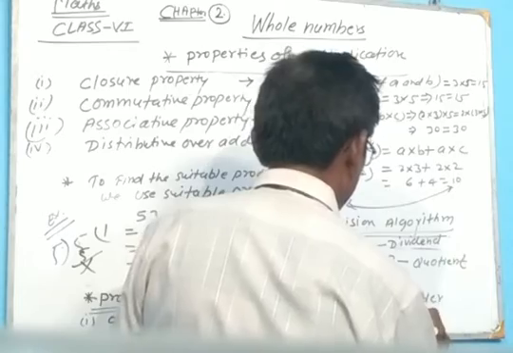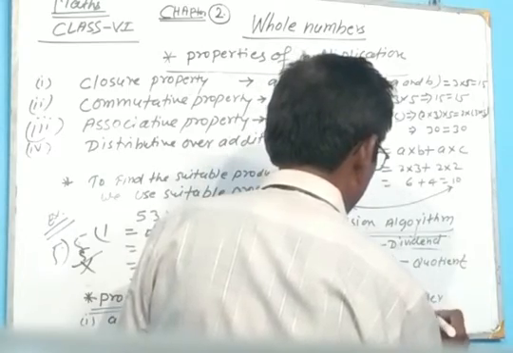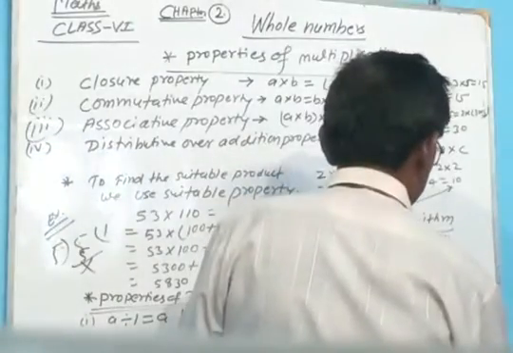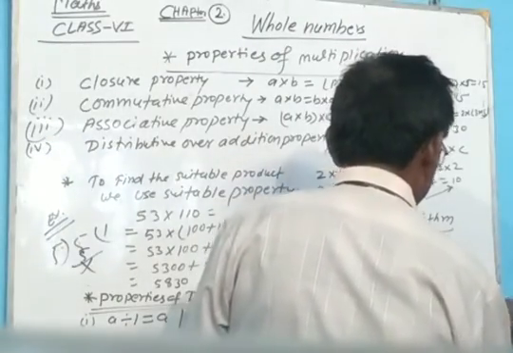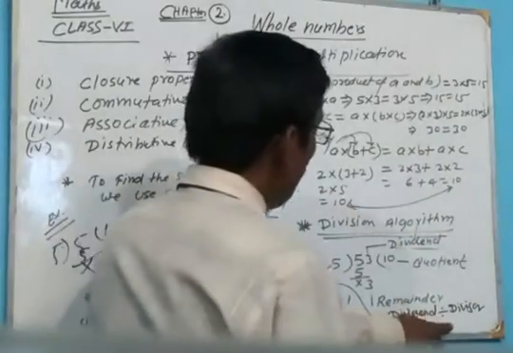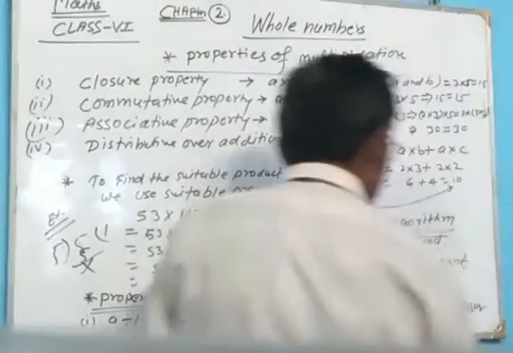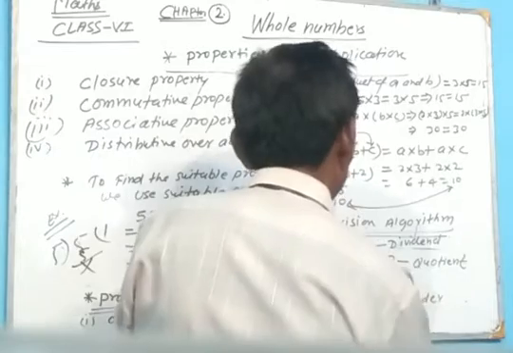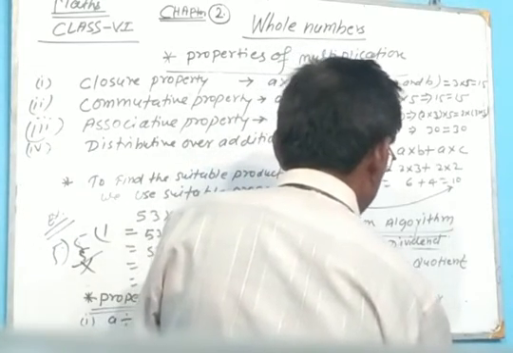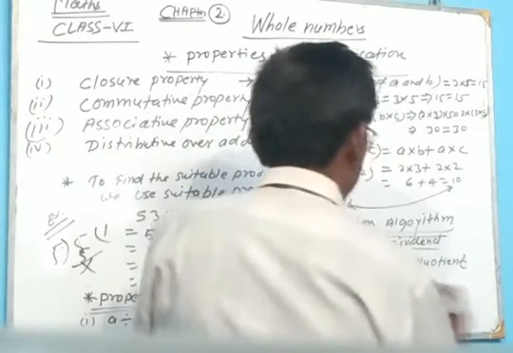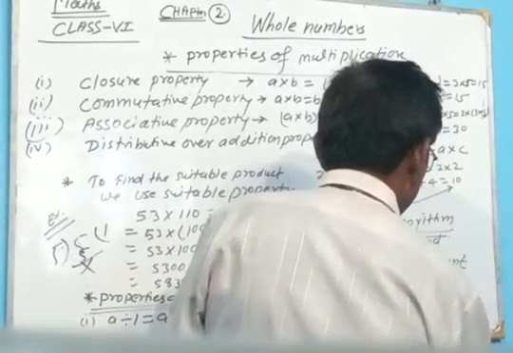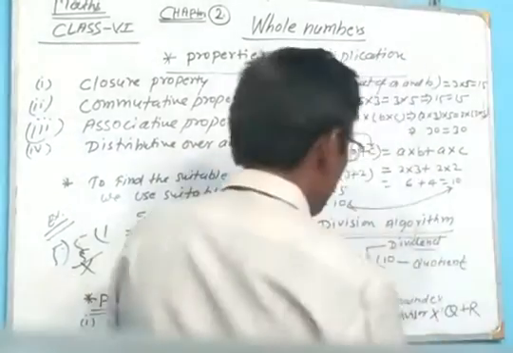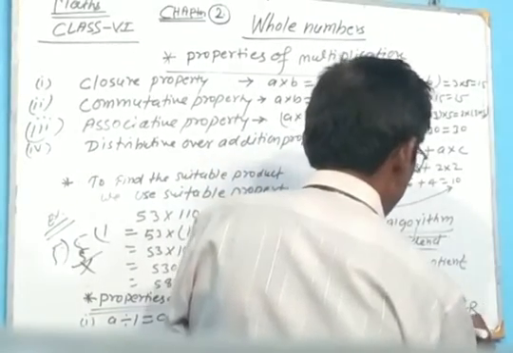So we can say that dividend divided by divisor: divisor multiplied by quotient q, plus the remainder r, gives the real dividend.